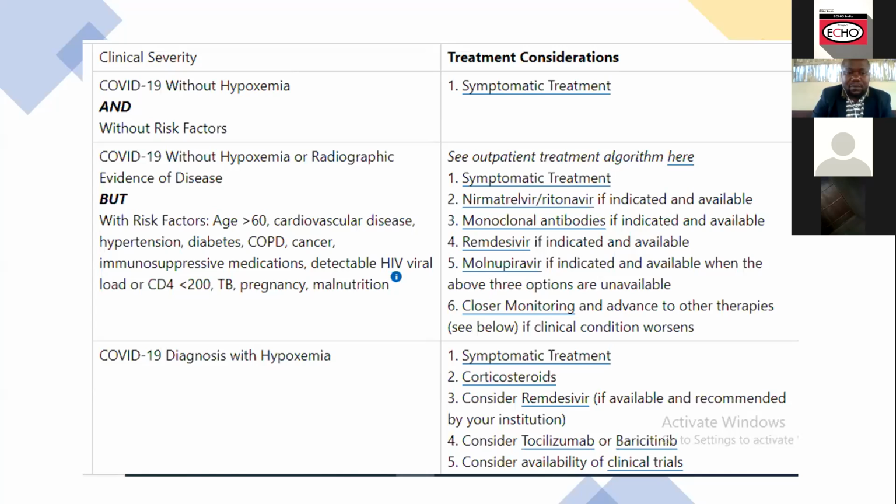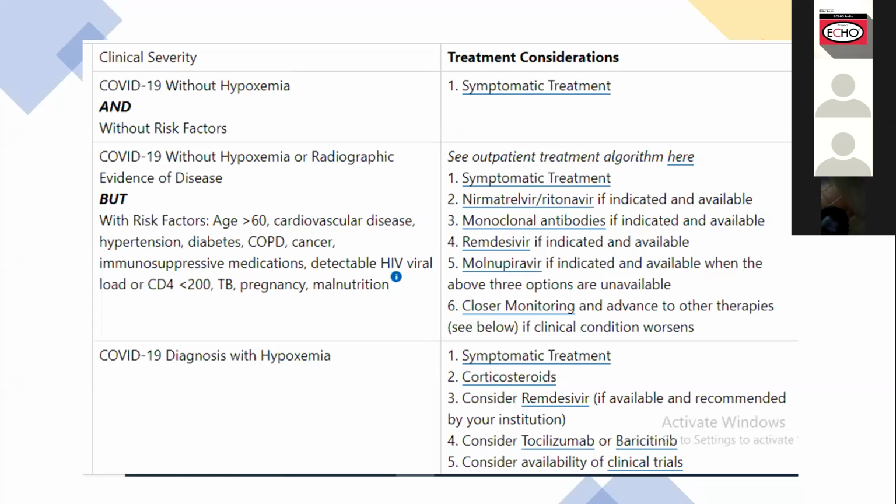But there are two other things you need to consider. One is giving monoclonal antibodies if they are indicated, or you give an antiviral to prevent the replication of the virus. For the monoclonal antibodies, we mainly provide them to patients who are above 12 years and who weigh above 40 kilograms.